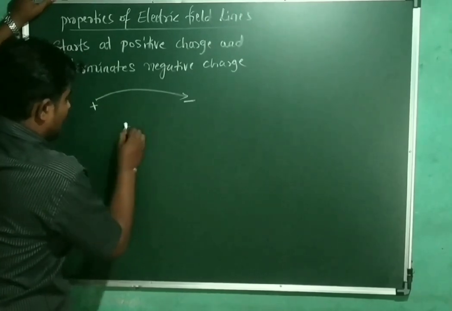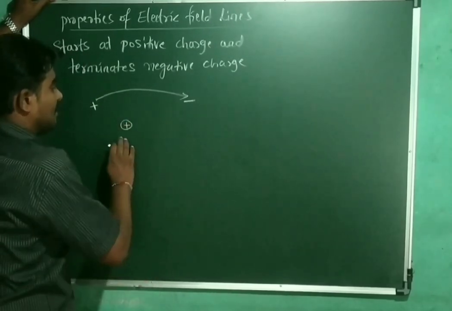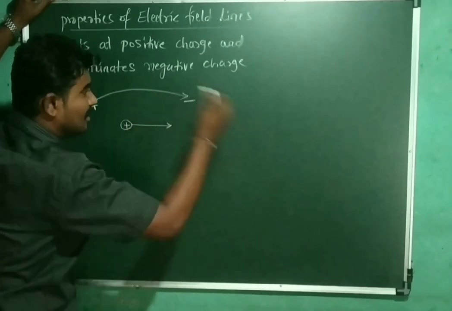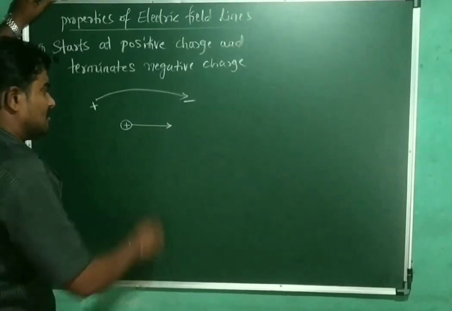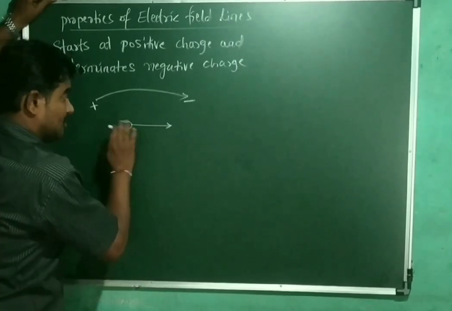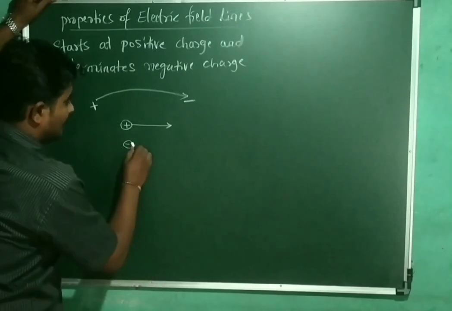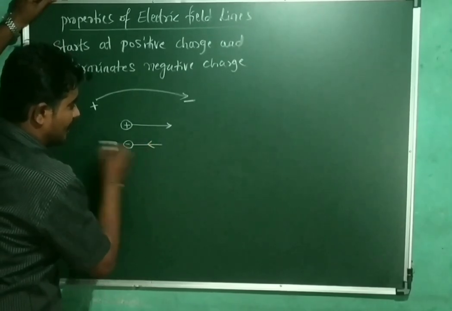If I draw only a positive charge, a single charge, then the field line will continue till infinity. If in between no charge comes into existence, then the field line will continuously go on till infinity. For a single negative charge, the field line will come from infinity and terminate at the negative charge.